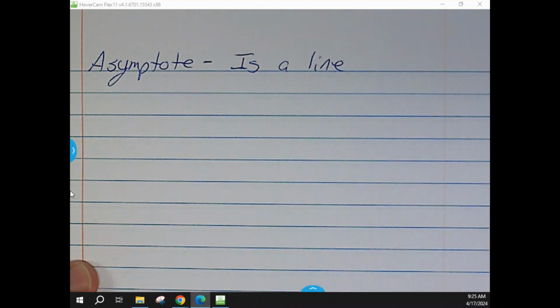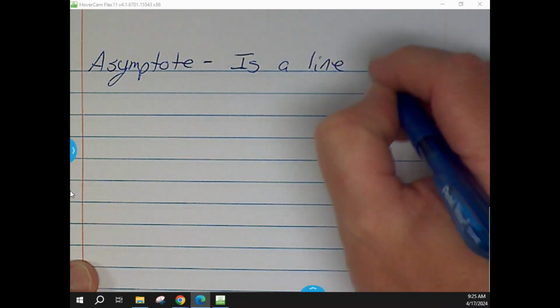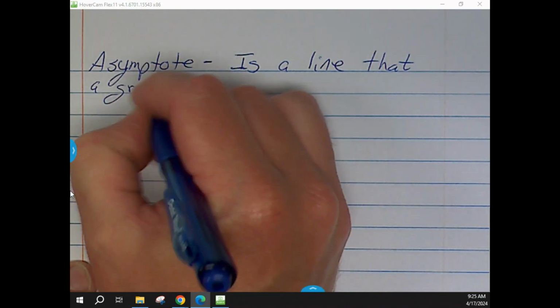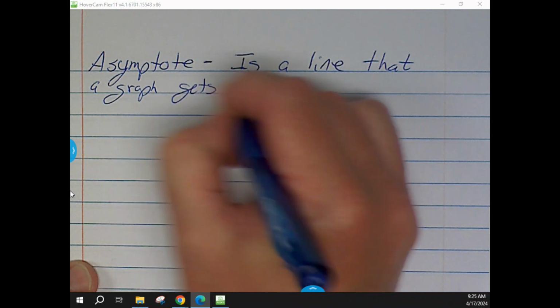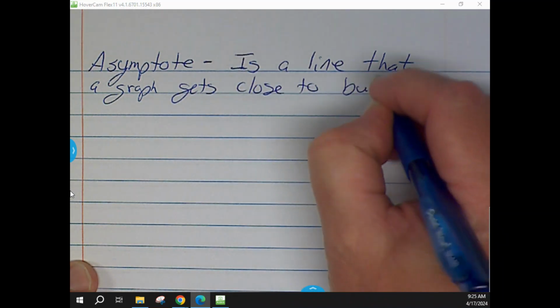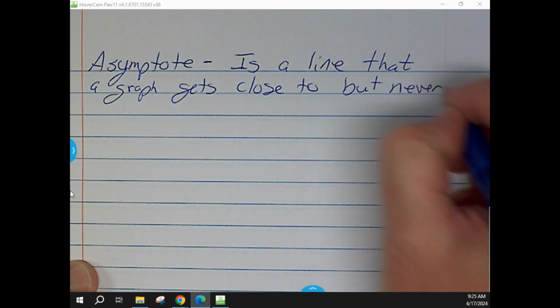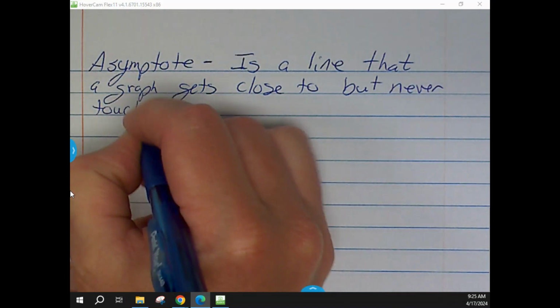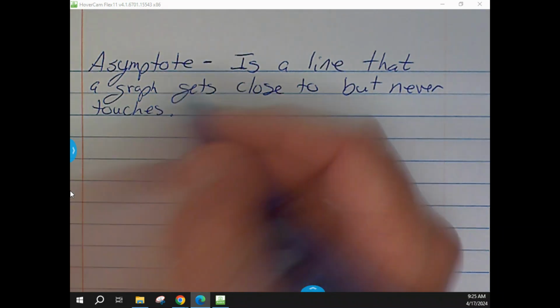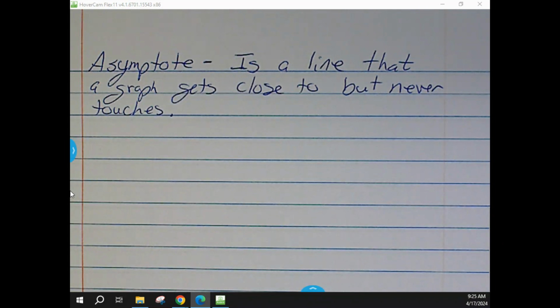All right, and basically an asymptote is a line that a graph gets close to, but never touches. You can almost think about an asymptote like infinity, though it's not quite like this.